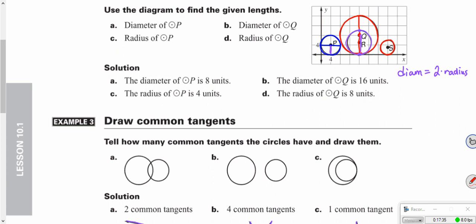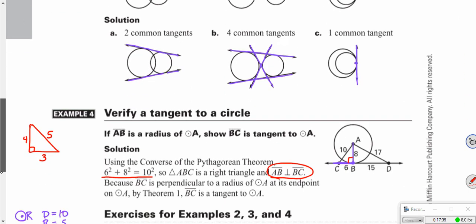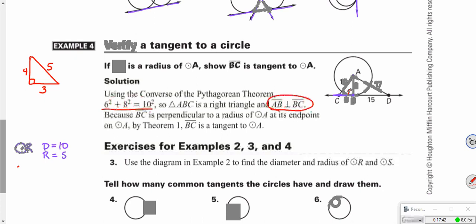So circle S has diameter 6, so its radius would have to be 3. So circle S, diameter is 6, radius is 3.